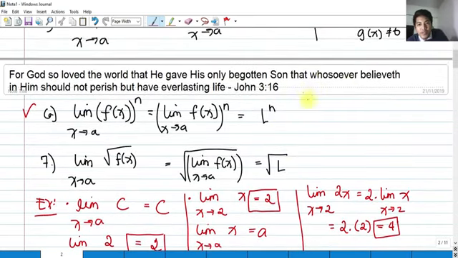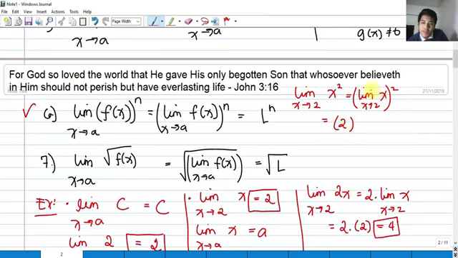So for example, if I want to find the limit of x squared as x approaches 2, I can rewrite this as the limit of x as x approaches 2, squared. If I'm going to evaluate the inner part, the limit of x as x approaches 2, that is simply equal to 2.